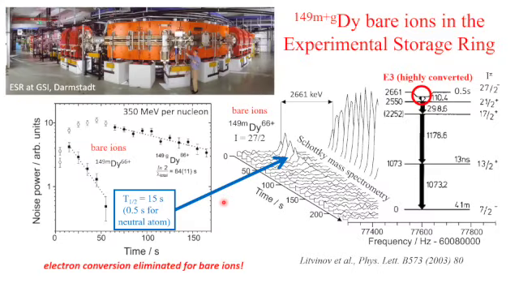Just as an experimental demonstration of the importance of electron conversion, I show this picture of a storage ring at GSI in Germany, and the half-life of an isomer, which in the neutral atom was just half a second, but in the storage ring, with all its atomic electrons removed, the conversion electron emission was eliminated, and the half-life increased by a factor of 30.